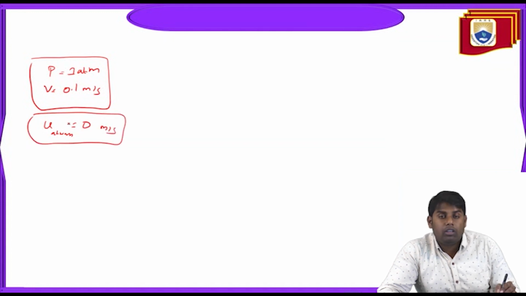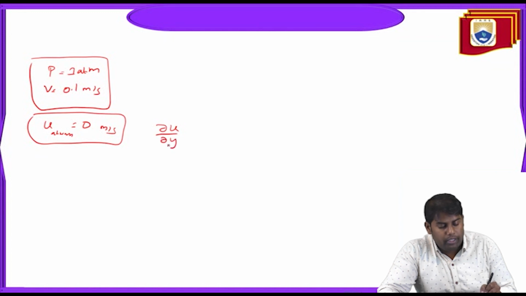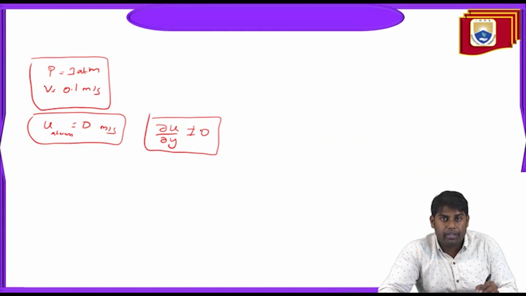So this is one sort of Dirichlet boundary condition. When you want the Neumann boundary condition, let's say dou u by dou y is not equal to 0. This is one sort of Neumann boundary condition.